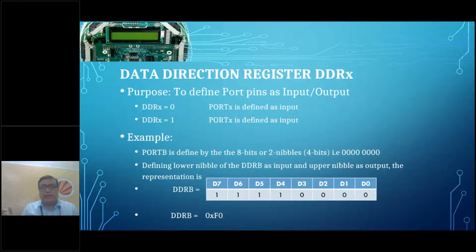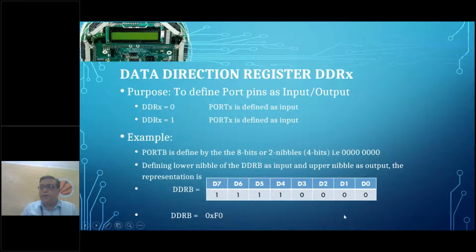Input means the pins are 0, output means the pins are 1. So the lower nibble is 0, meaning it is used for input, and the upper nibble is 1, used for output.